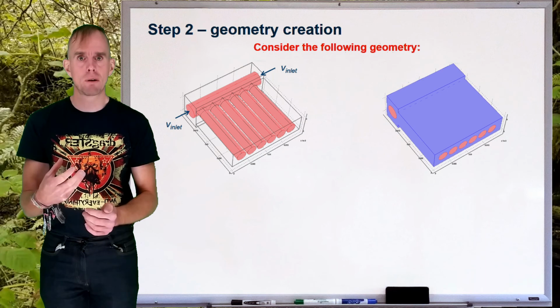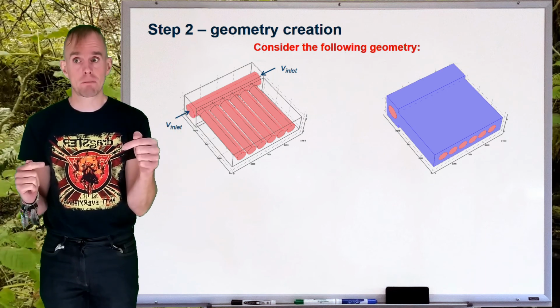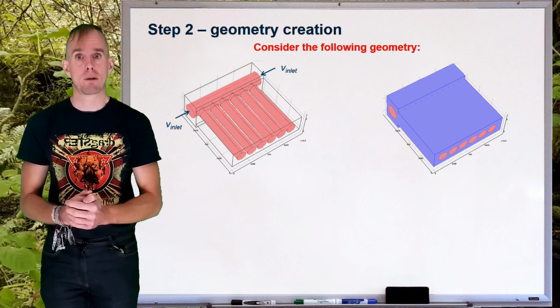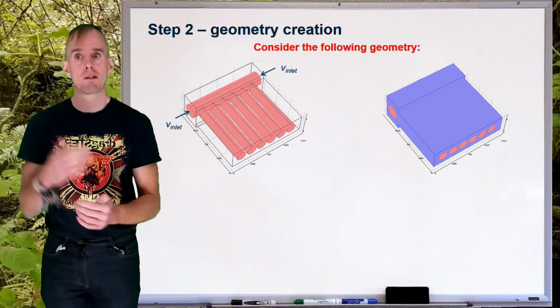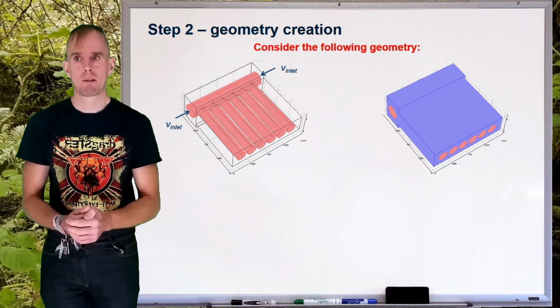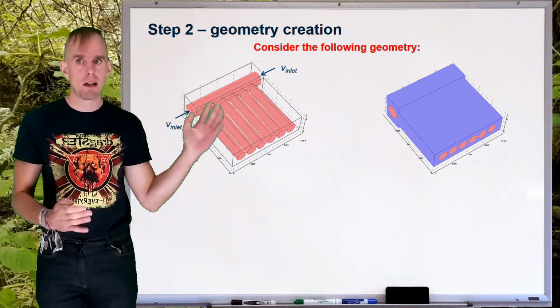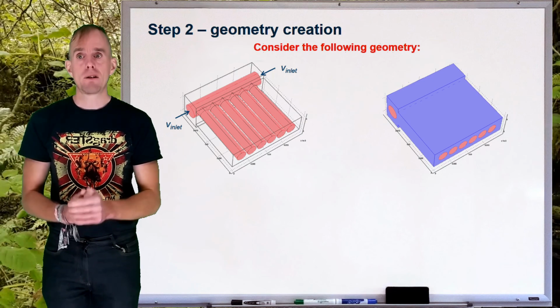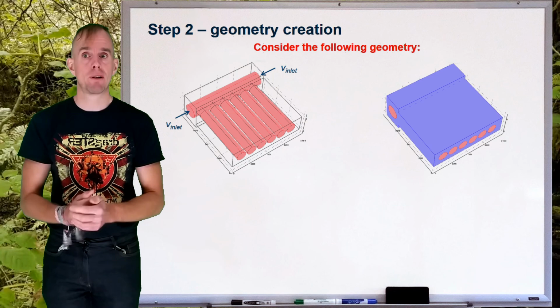You've effectively got a main conduit, which is marked with 2 velocity inlets, and then 6 nozzles that branch off that conduit perpendicularly. And the exit of each of those 6 nozzles is where the fluid comes out. Now, that same geometry is what you see internally within the blue picture on the whiteboard. And you can see one of the fluid inlets, and you can see all 6 of the fluid outlets.